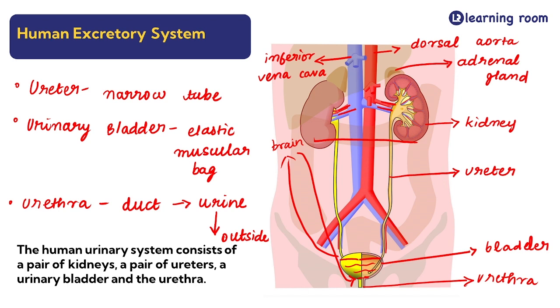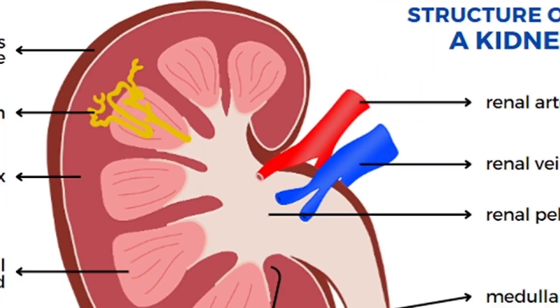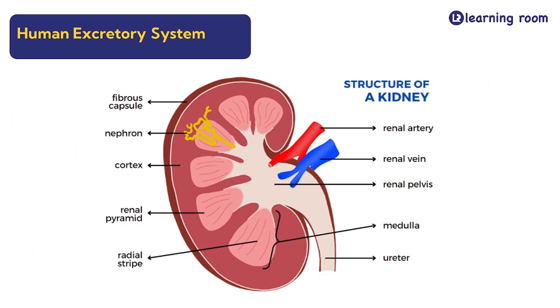That is why, after a certain age, children are able to control their urge to urinate. The kidney is the site of urine production, and hence it's important for us to learn about its structure in detail.